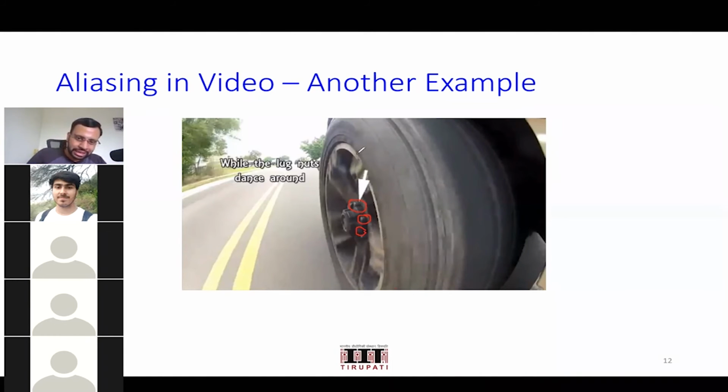Similarly, you see something here, something there, and something there. These are the points you would use to figure out whether it is rotating forward or backward. Similarly, it comes to here, maybe you are seeing the same thing, a similar structure.